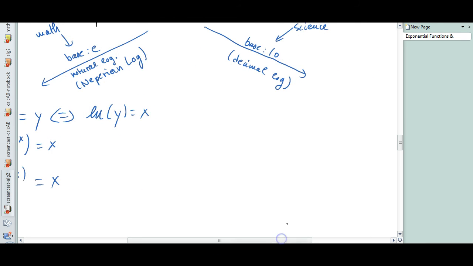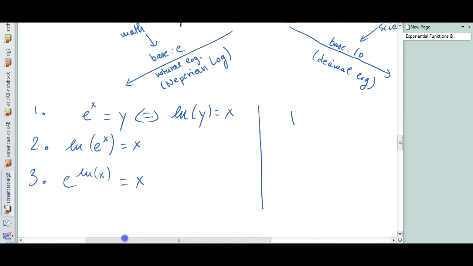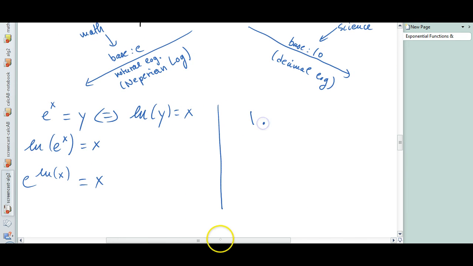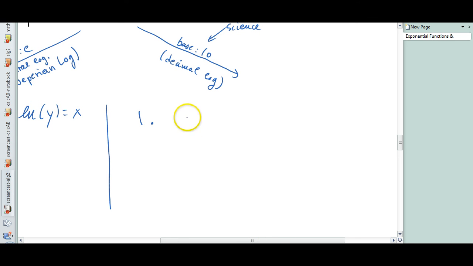All right? And on this side right here, let me rewrite the same property, did I put 1, 2, 3? Yes, I did. The same property with base 10. So 10 to the x equals y if and only if log of y equals x. See, I do not put the base, that means base 10.